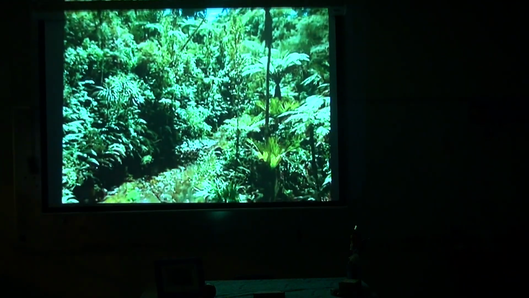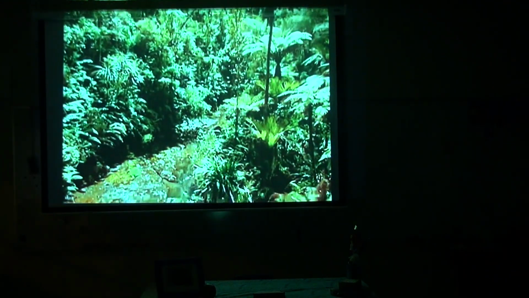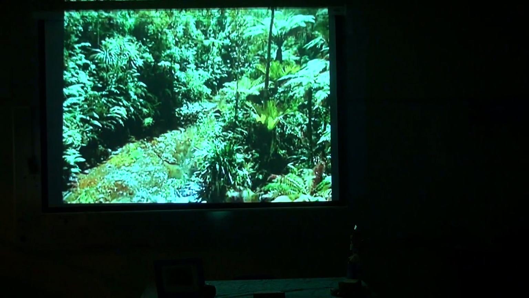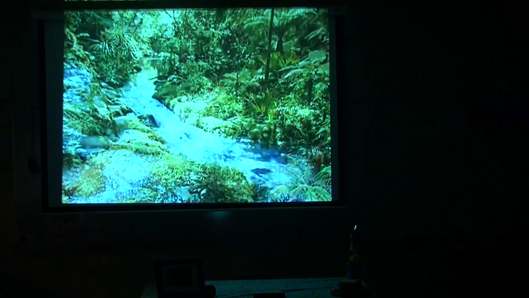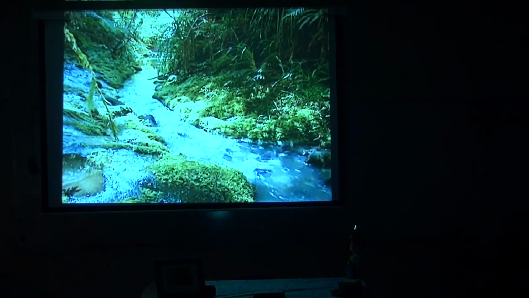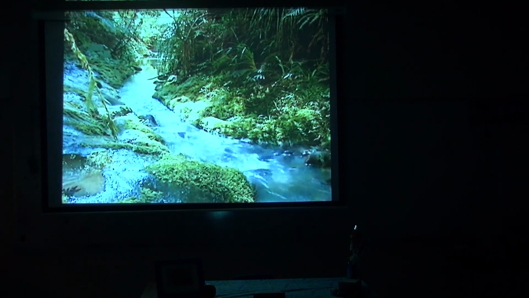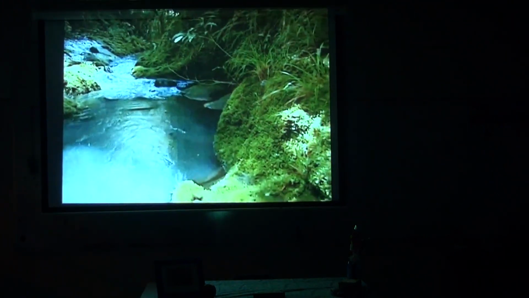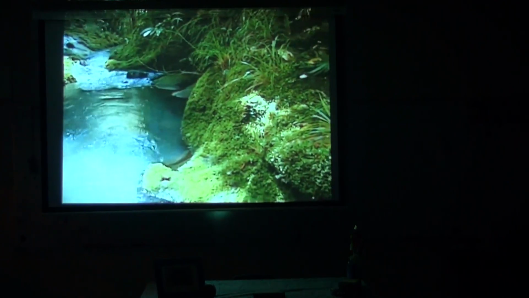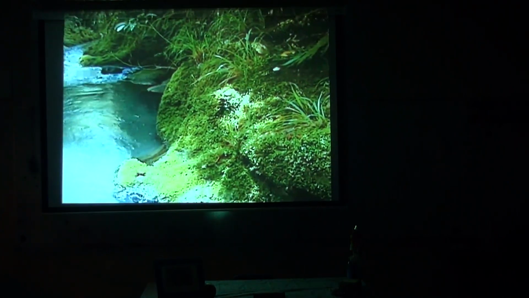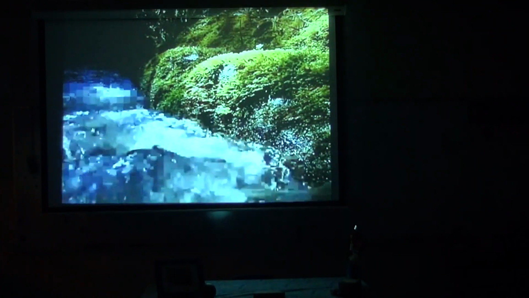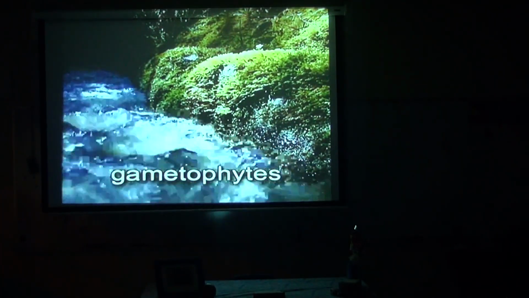Forests are dominated by large plants that crowd one another in their competition for light. But far below on the forest floor, there is a group of tiny plants known as the mosses. With over 10,000 species, these plants thrive in many habitats. These moss plants form gametes and are therefore gametophytes.